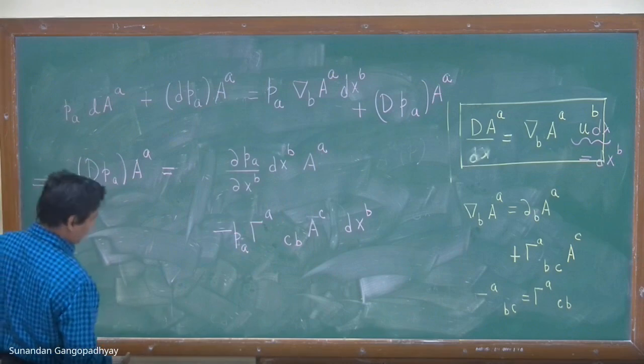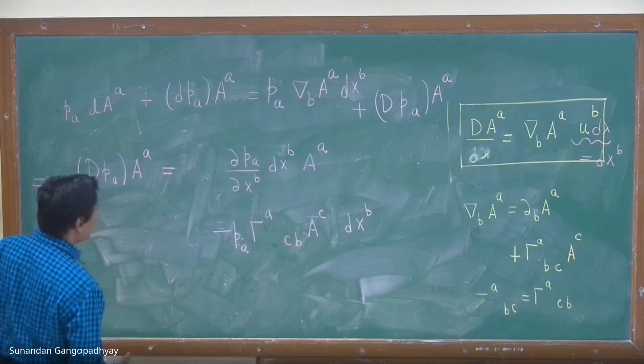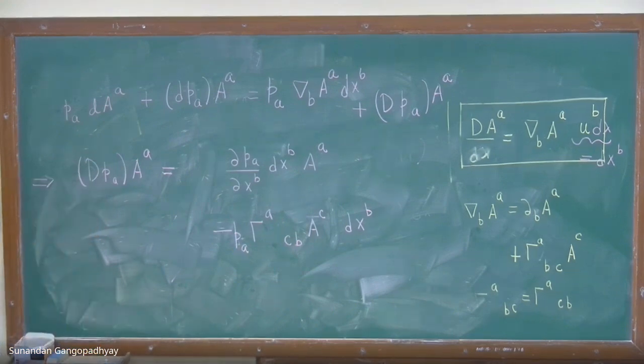So now what we need to do is the following. AA comma this DXB AC, okay. I am getting this kind of thing.